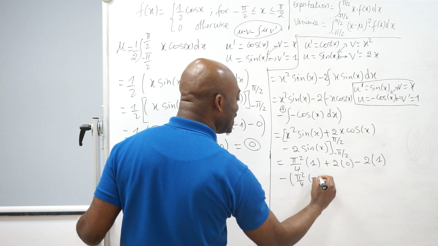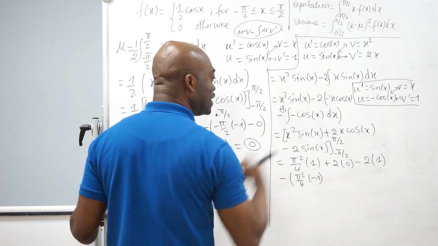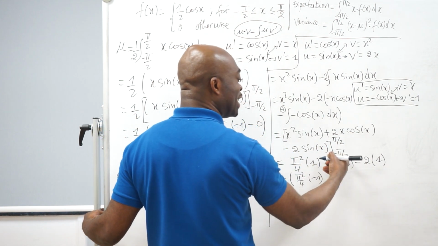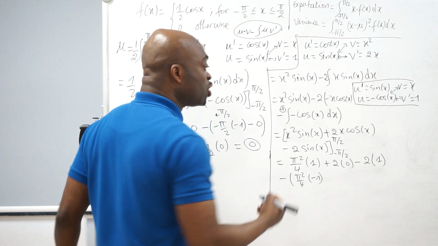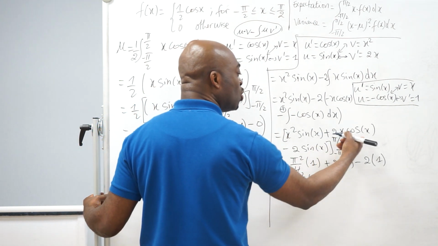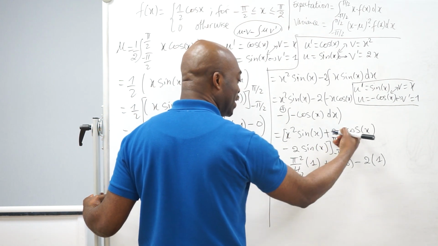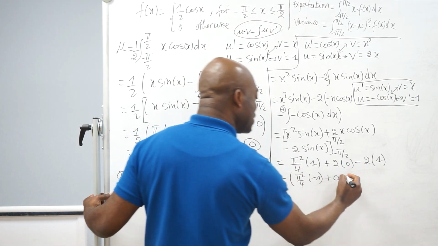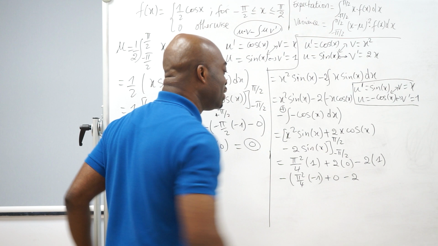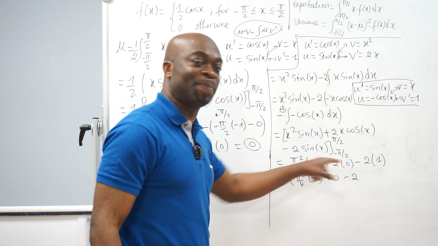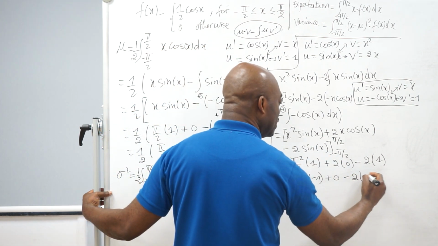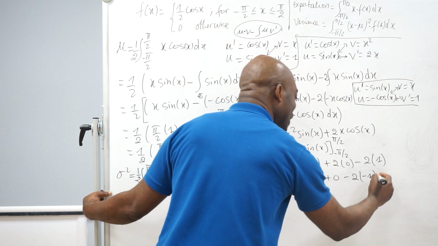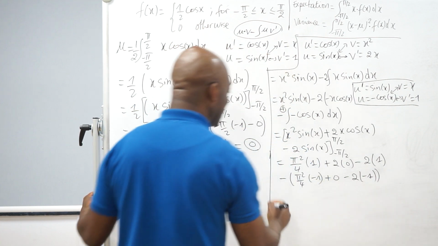So that makes this side equal to 0. So you're doing it plus 0 minus twice the sine of negative pi over 2, which again is negative 1. So that is negative 1 here. And then we close it on this one.